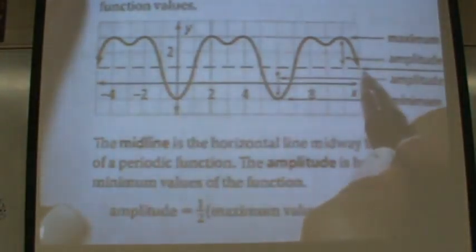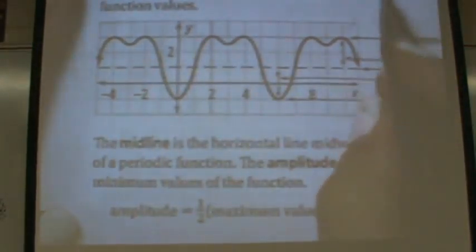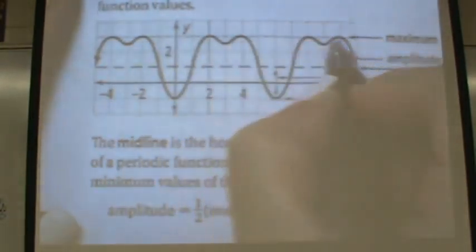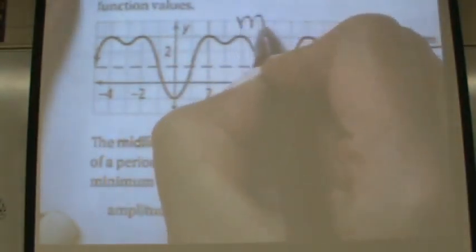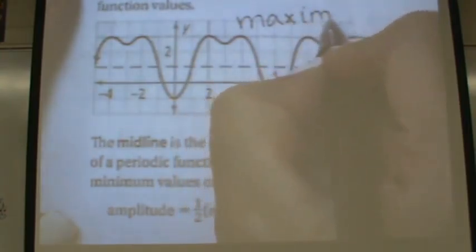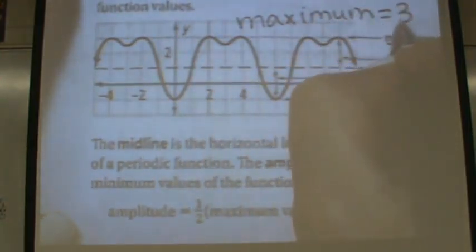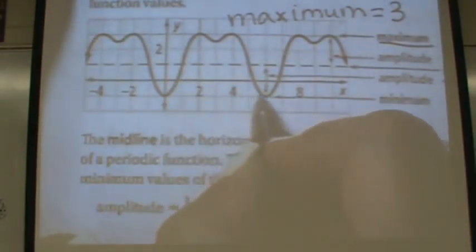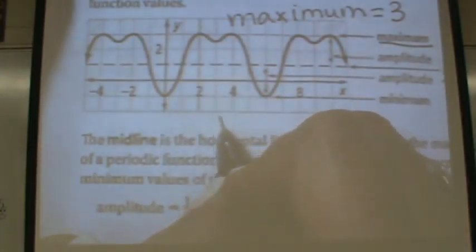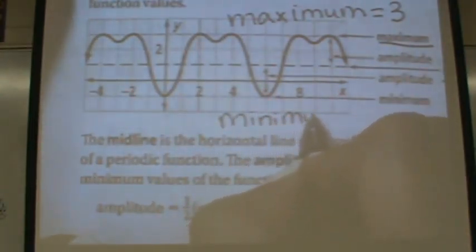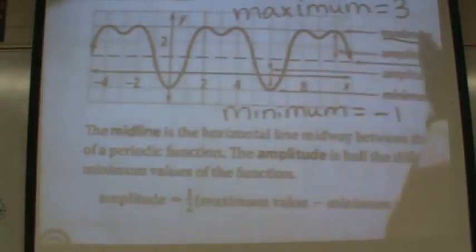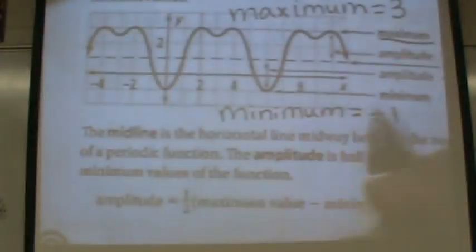The midline is the line halfway between the maximum and the minimum. The maximum is 3, the minimum is -1.